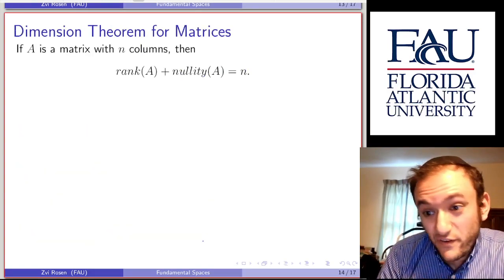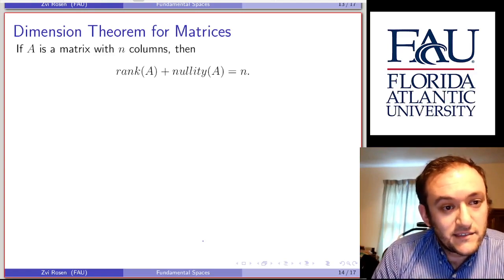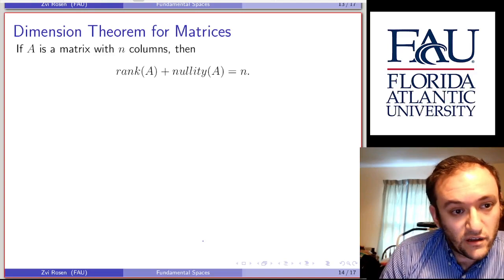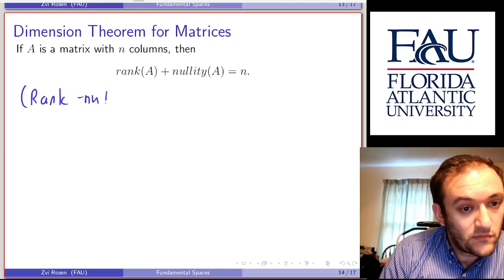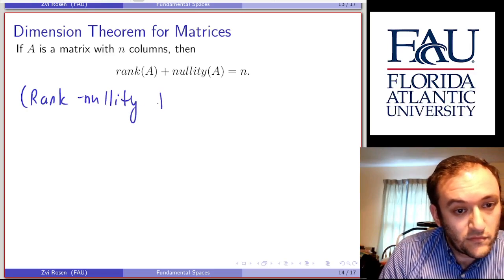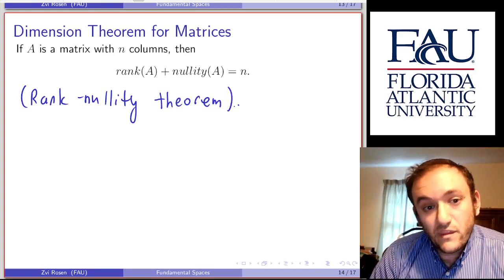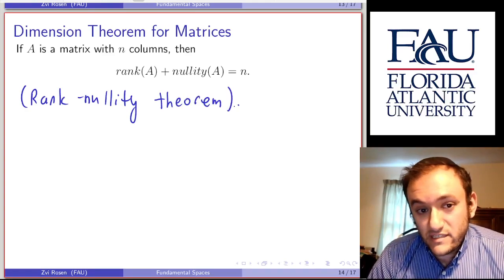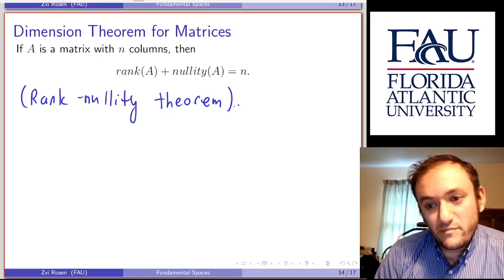And that leads us to the following fascinating results, which we're going to use a lot. It's the dimension theorem for matrices, also called the rank-nullity theorem. If A is a matrix with n columns, then the rank of the matrix plus the nullity of the matrix is equal to the number of columns in the matrix.